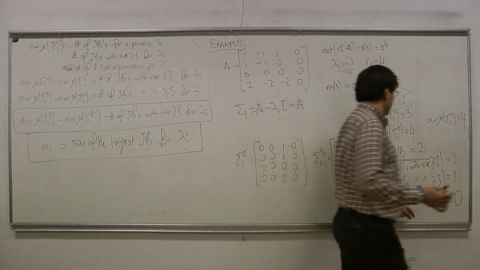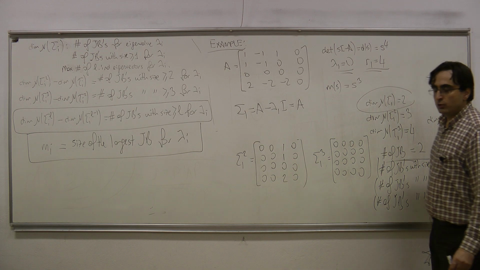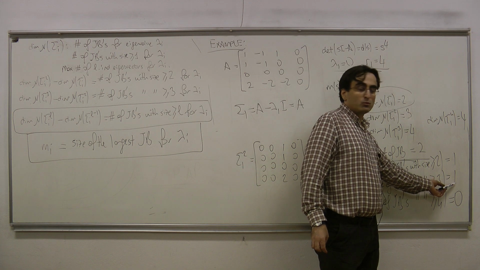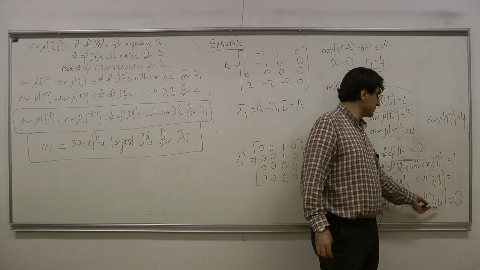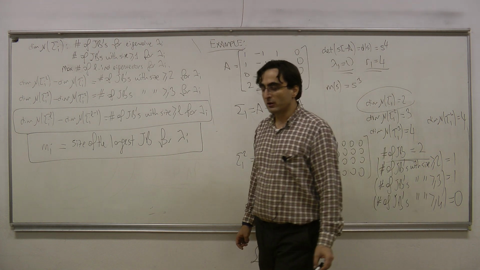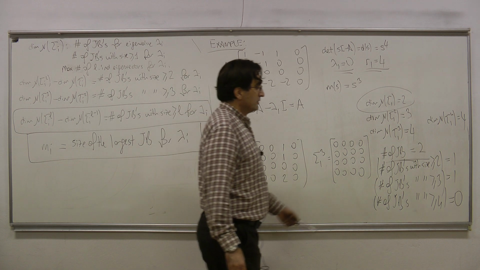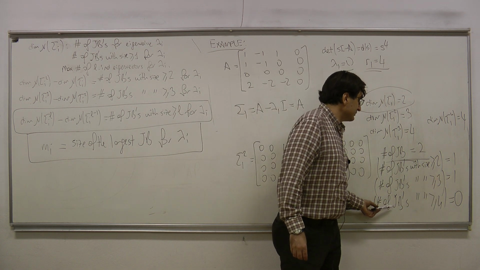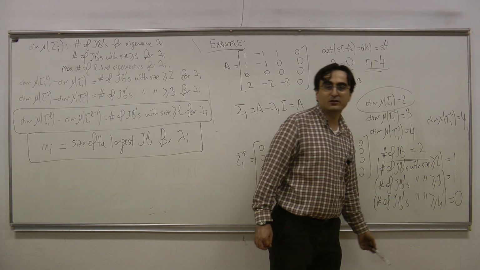But the number of Jordan blocks whose size is larger than or equal to 3 is 1. What does this tell you about the blocks? The number of blocks whose size is larger than or equal to 3 is 1, and the number of Jordan blocks whose size is larger than or equal to 4 is 0.